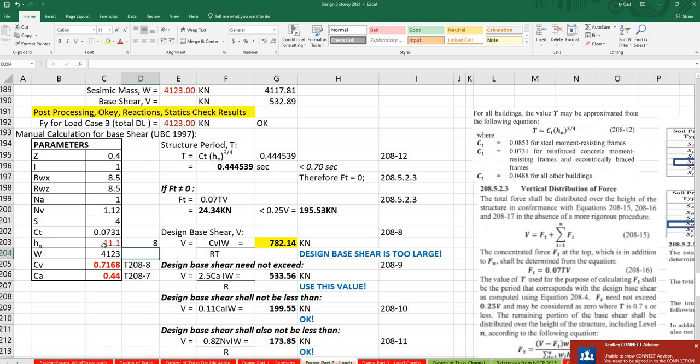Okay? So, tingnan mo, 8 meters lang. And then, for a 3-story building, yan. So, pasok yung 11.1 meters. So, 3 stories pala ito.